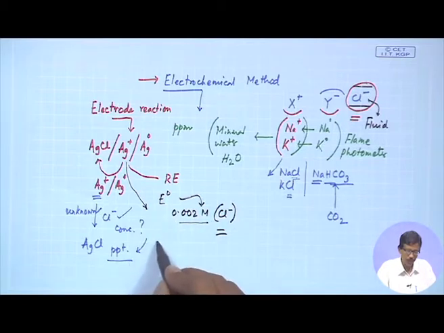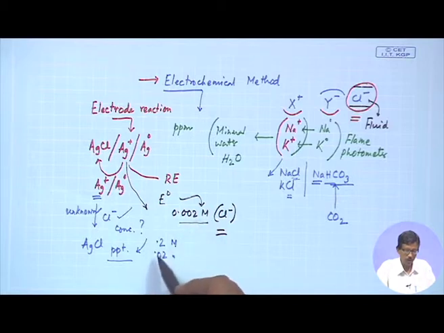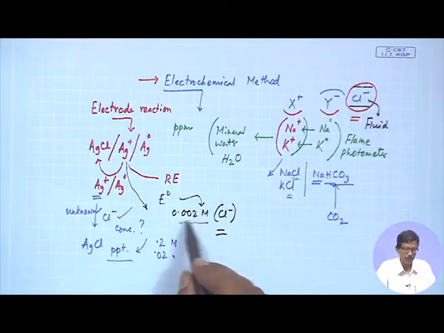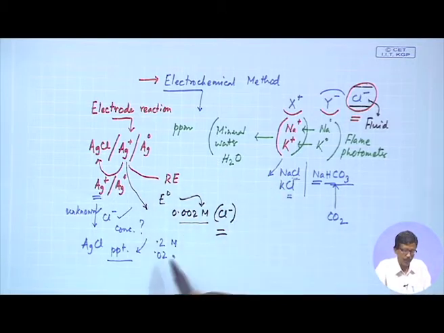So, these concentrations are 0.2 or 0.02, something like that. This higher level of concentration is 10 or 100 times higher than the concentration we find in electrochemical cells or can apply for any electrochemical method.